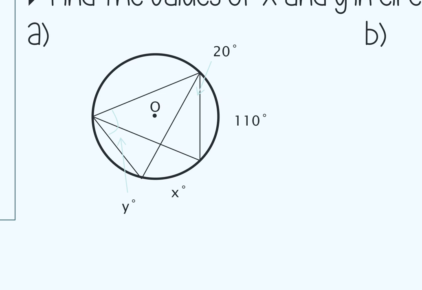Close. It's not a central angle. So what do I do with that 20? What's that? By 2. Good. That angle is an inscribed angle, right? So the angle is half the arc, or the arc would be double the angle.